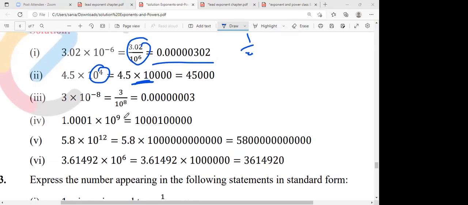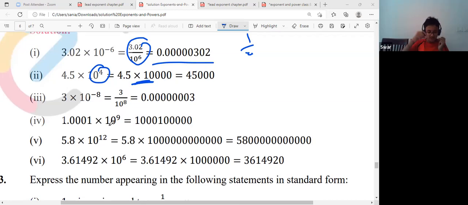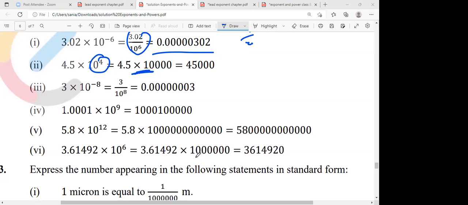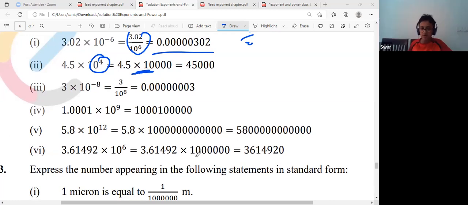Ma'am, actually I've done the sixth one, but not the fifth one. The sixth one is wrong. Why? It's very simple. What did you do? Ma'am, I made a silly mistake. I'll do the fifth one, then I'll check.